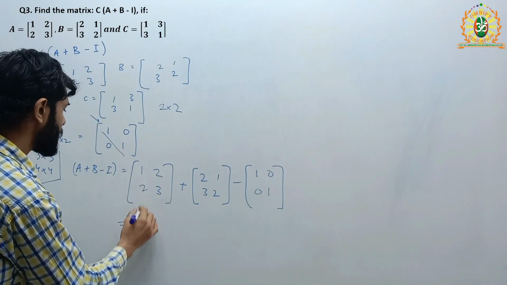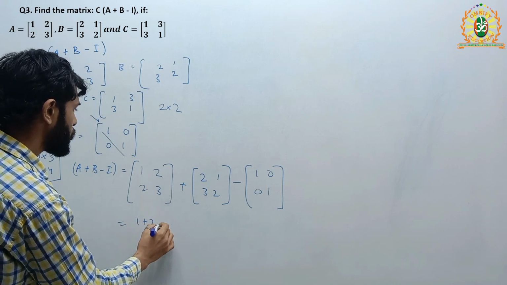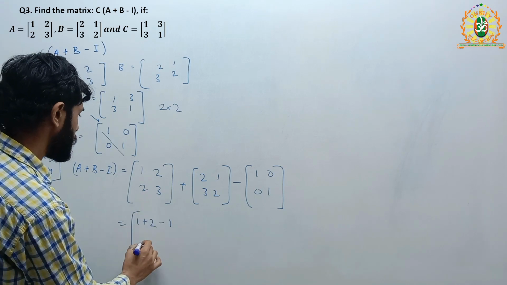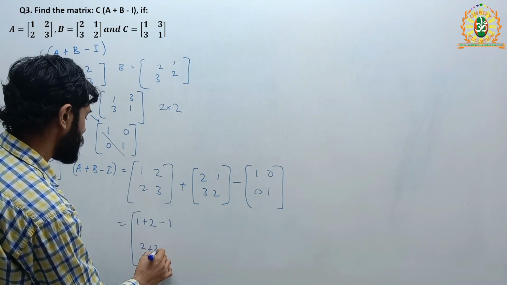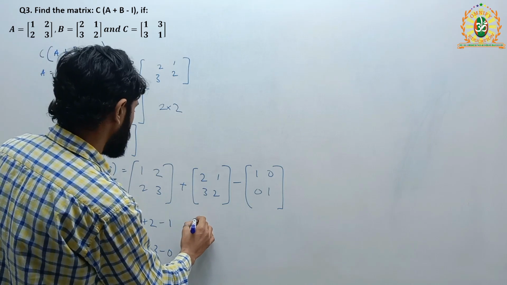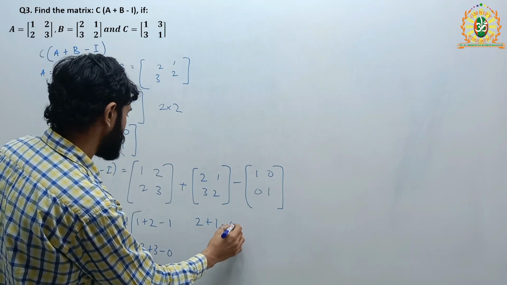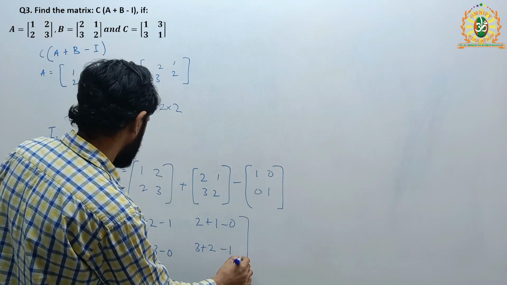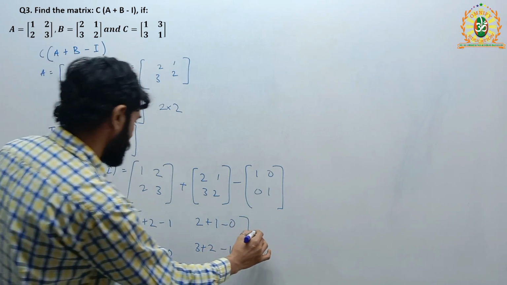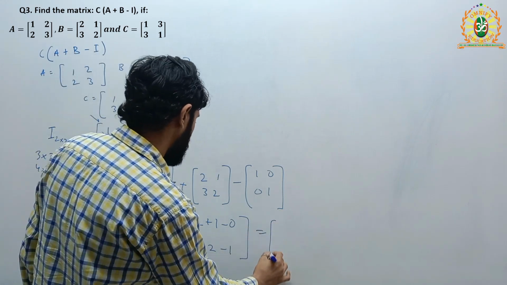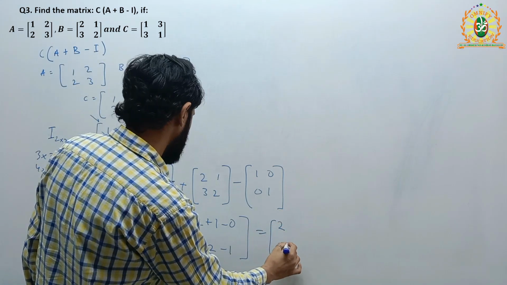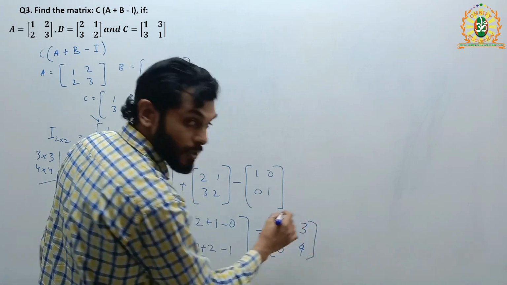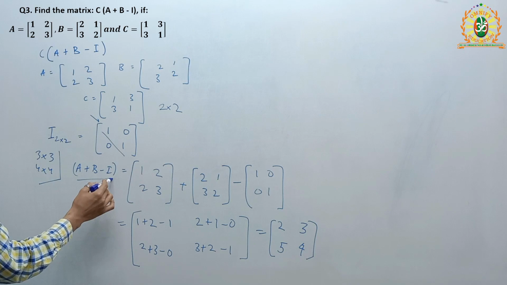On solving it, we get 1 plus 2 minus 1 as the first element, 2 plus 3 minus 0, 2 plus 1 minus 0, 3 plus 2 minus 1. So we get 2 5 3 4. This is your A plus B minus I.